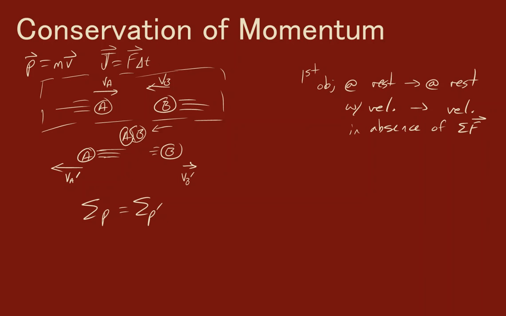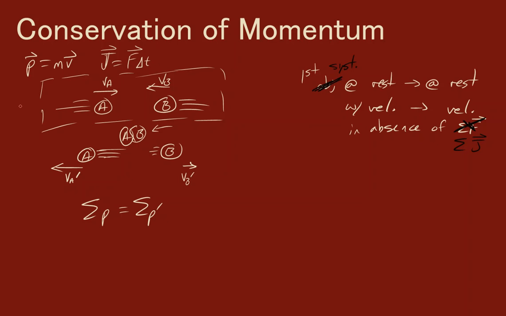Well, we can make some changes here. Instead of an object, we're talking about the system. So the system itself will stay at rest, or will maintain its velocity, in absence of a net impulse. The only impulse in our system here is internal.